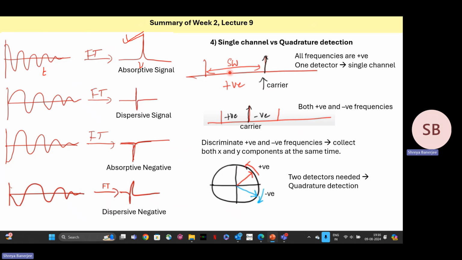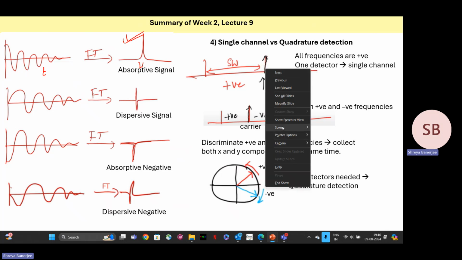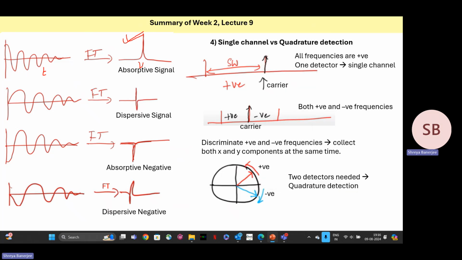Now, suppose we adjust the spectrometer frequency such that it is at one end of the spectral width, so that all your proton peaks come within this range. This is called the spectral width or SW. And your spectrometer frequency, that is the carrier frequency, is adjusted to the right of this range.